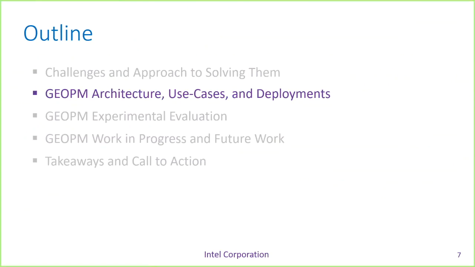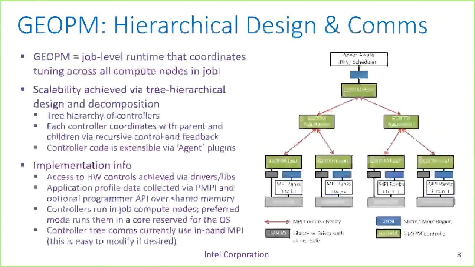So let me say a little bit about the architecture of GEOPM. As I alluded earlier, it is a job level runtime, operates on the job, and tries to coordinate tuning of control knobs globally across all of the compute nodes in a job. For large jobs, if you were to try to do this with a centralized runtime, the problem size would become pretty intractable.